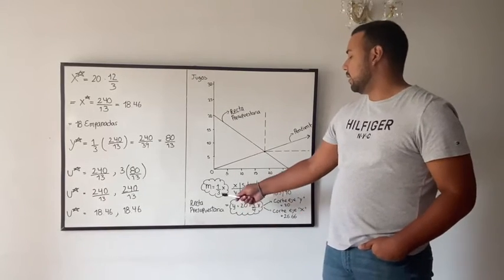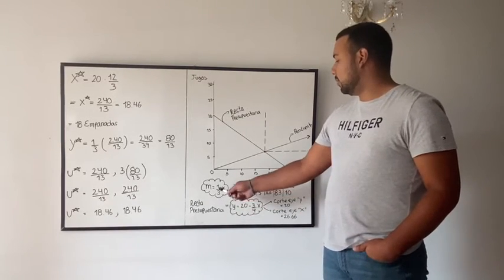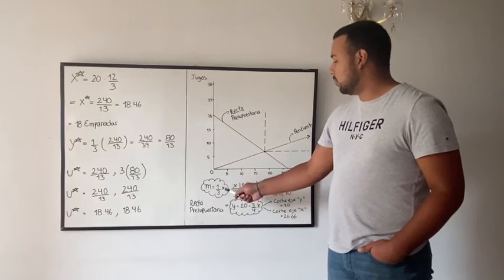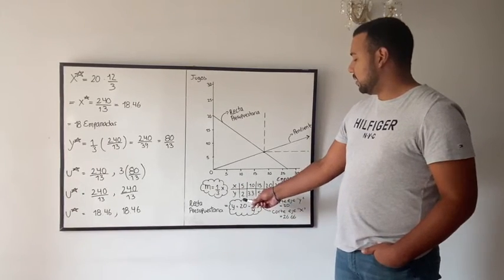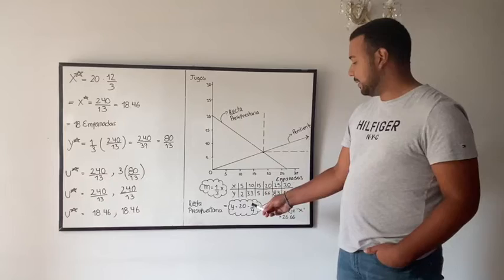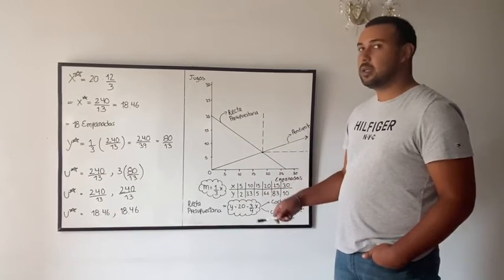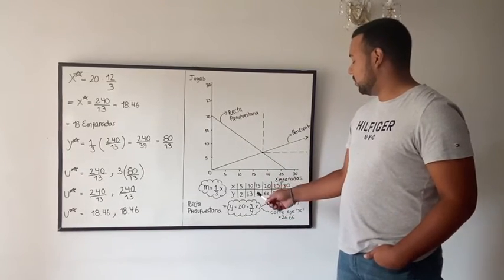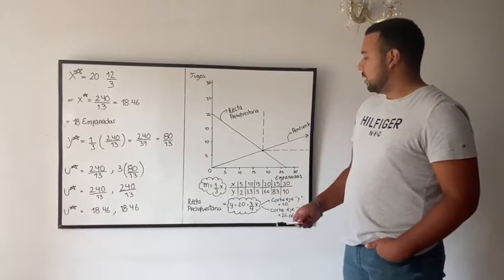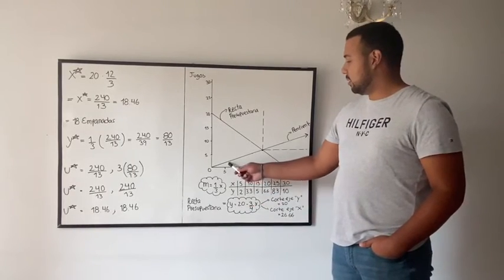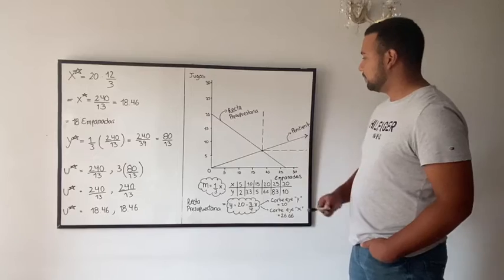So if I take 5, I put 1 divided by 3 multiplied by 5, and that gives me a result of about 2. I make this procedure with other numbers, and with this I get these values.